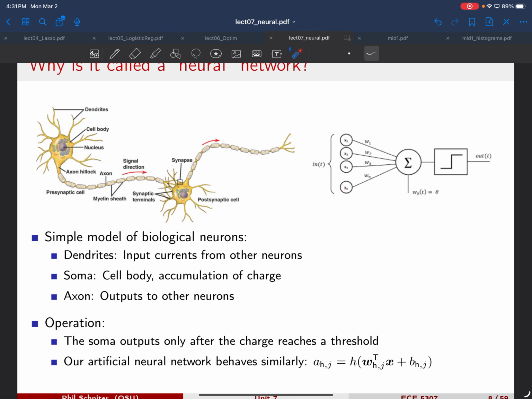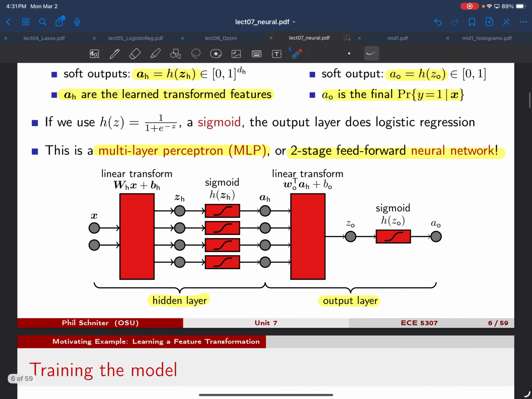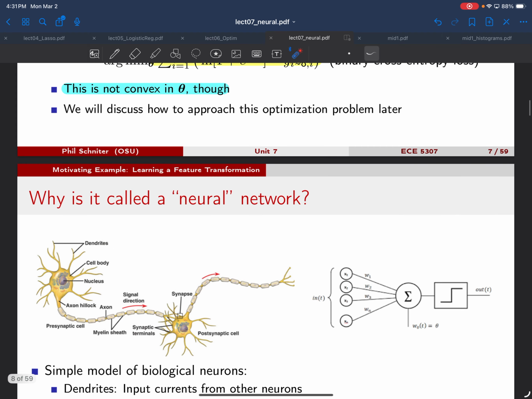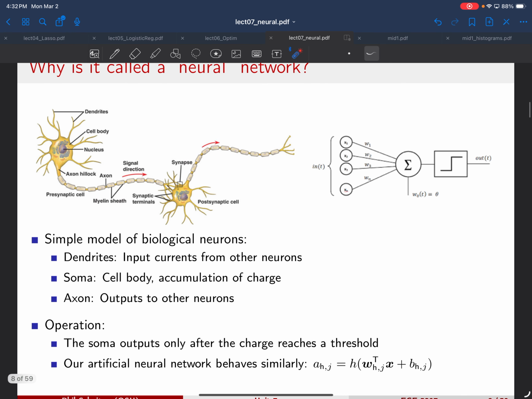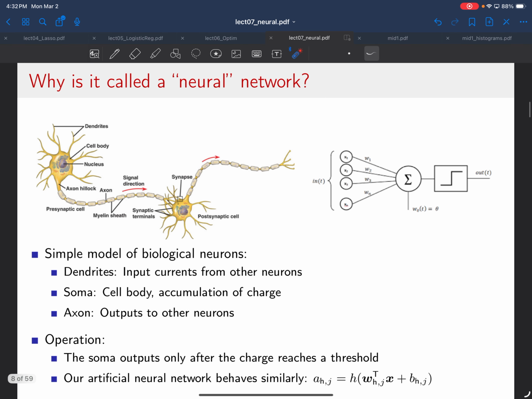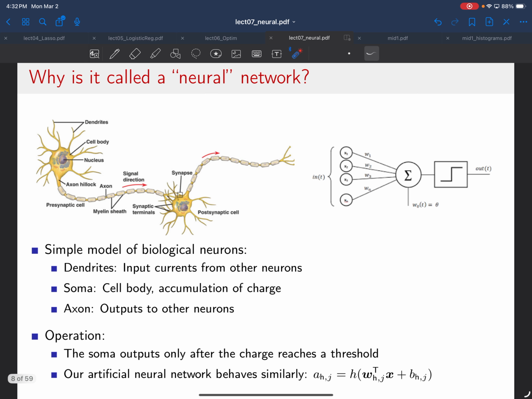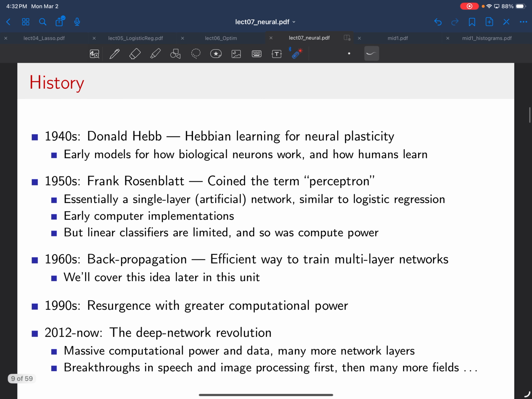So this is, roughly speaking, how you can model one of these biological neurons. But if this is a sigmoid, then this is exactly logistic regression, right? It's also how we're modeling each one of these: linear followed by some sort of sigmoid. So that's essentially how our method is an artificial neural network. All right, any questions?